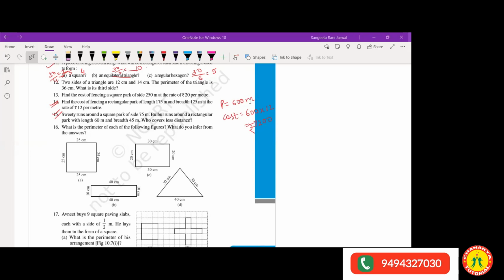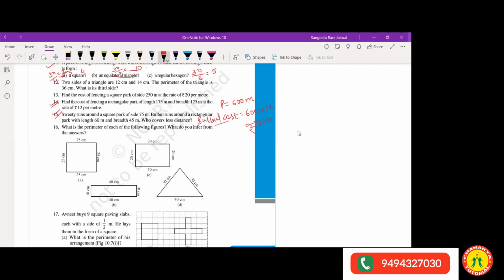So the perimeter is 210. So 210 is less than 300. Ma'am, Bulbul ran less. Yes, good. Very nice. So Bulbul ran less, and Sweetie runs 90 meters more than Bulbul.